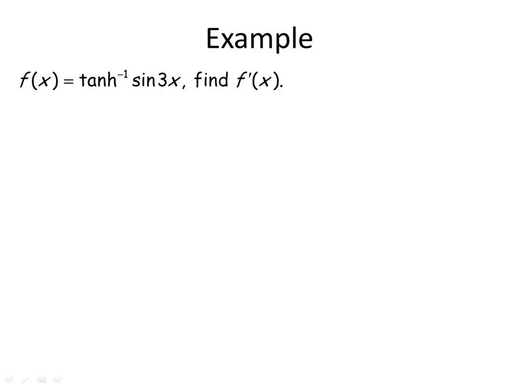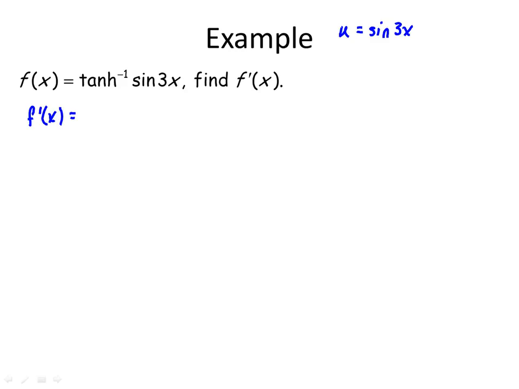Okay, so to find the derivative of the inverse hyperbolic tangent, go straight off your formulas page. Again, u is sine 3x, just so we don't have any confusion here. So on the formulas page, what do I need?